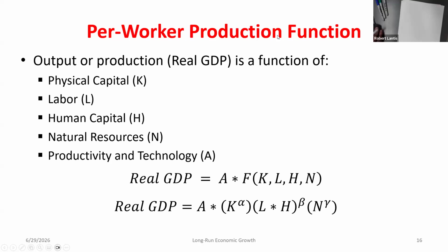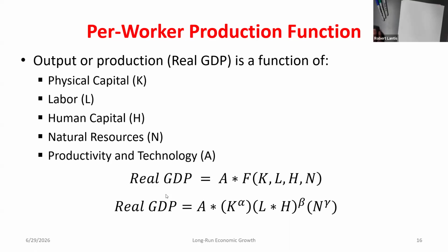What is F? F just represents that there's some function, right? And the function that we're going to use is this one right here. In practice, these could be much more complicated than raising each input to a different power. But for us, we're just going to focus on assuming this is the production function.